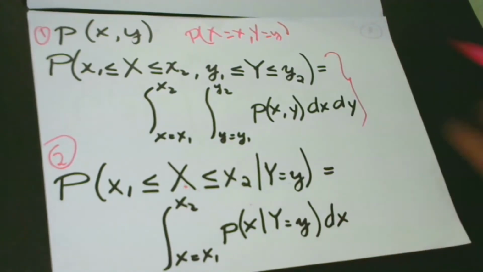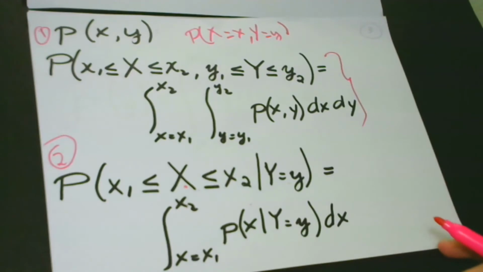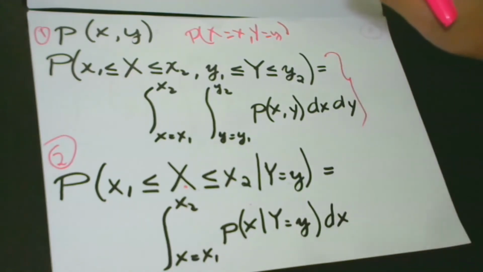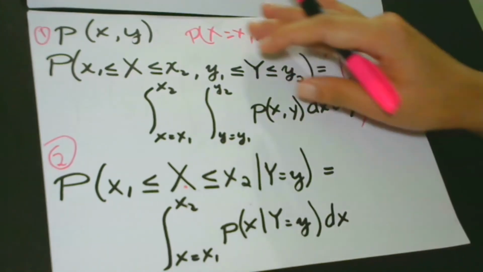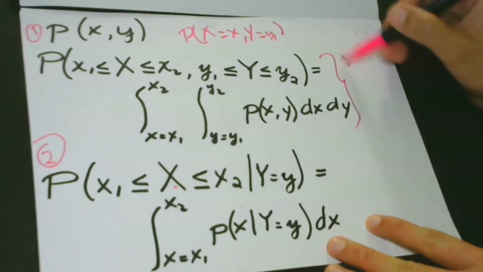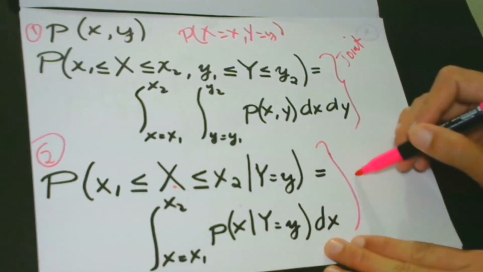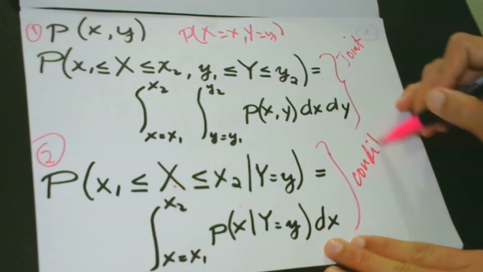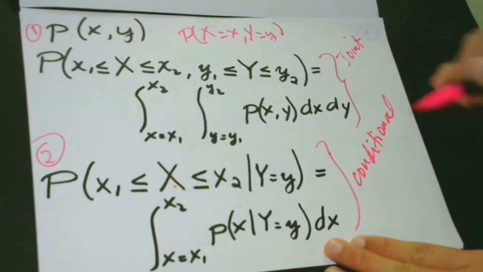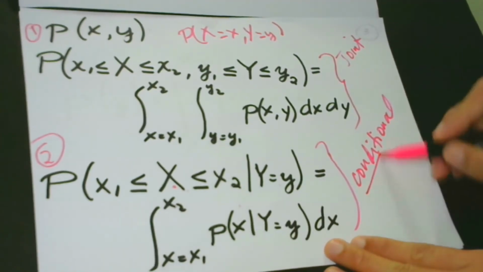Okay, as to the conditional distribution, the same applies, but of course with a condition. So again, this is joint and this is conditional. If you examine closely, the same process applies, but in this case there is a condition.